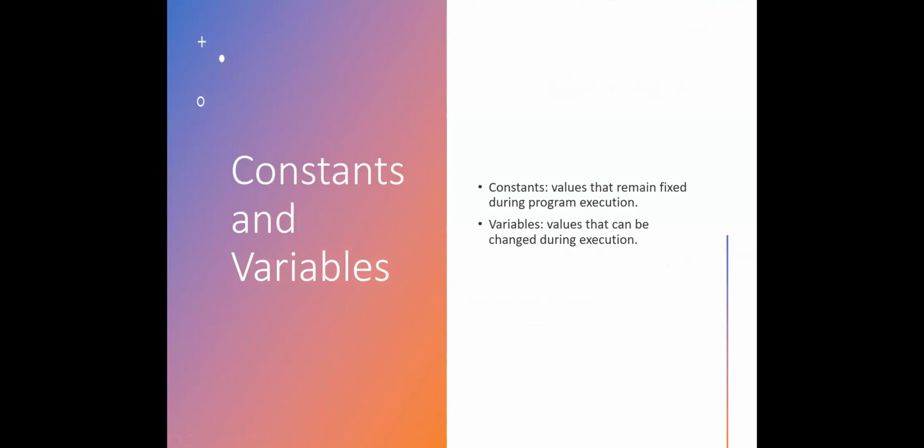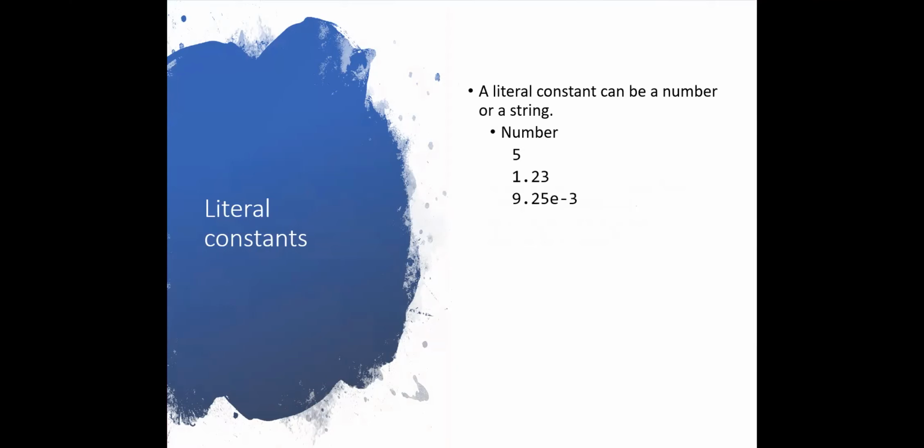The values will not change during the program execution. But then again, we sometimes need to create variables to temporarily hold values. Now, when it comes to constants, you can use numbers or strings as what we call literal constants, which will not change during the program execution.